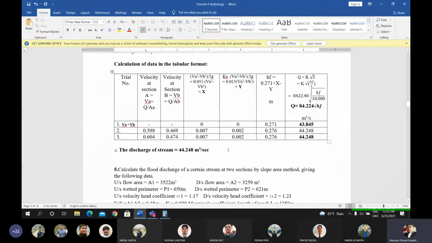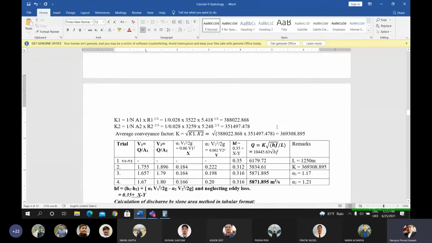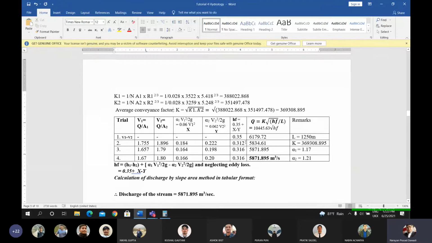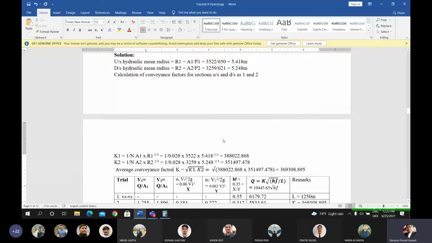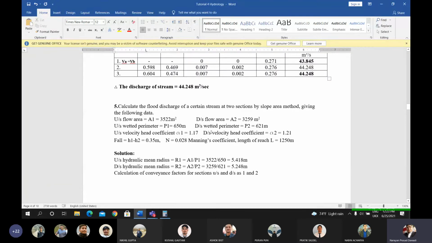Now for this example, the velocity head coefficient is given for the upstream and downstream. So the upstream velocity head is multiplied by alpha 1, and the downstream velocity head is multiplied by alpha 2 in this solution. Alpha 1 V1 square by twice g is here, and alpha 2 V2 square by twice g is also here. For the friction head loss, the fall of 0.35 is considered here. We did not consider the eddy loss coefficient, because it is not given in this question.